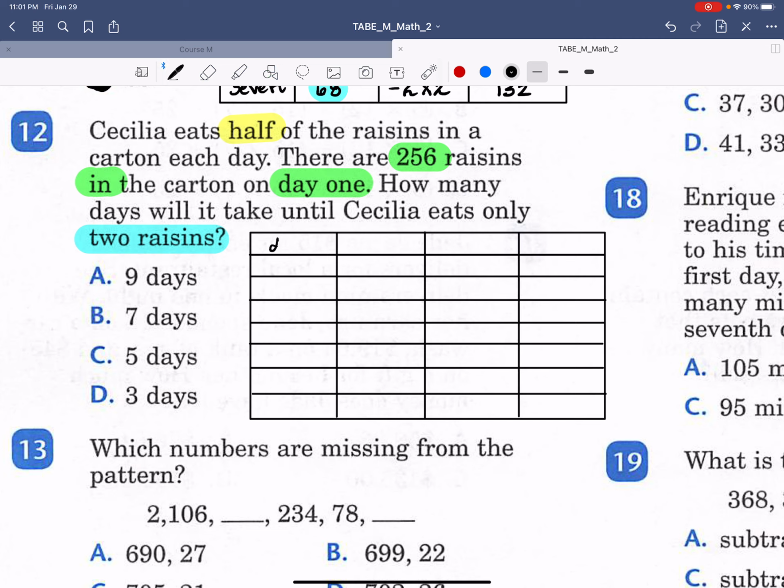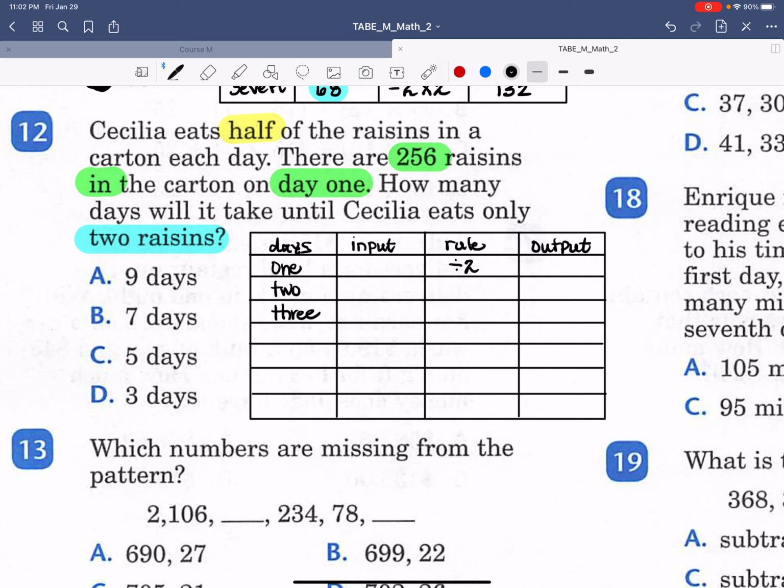These are going to be my days. This will be the input. This will be the rule, which we know is divide by 2. That's what half means. And then this is the output. So I'm just going to list some days.